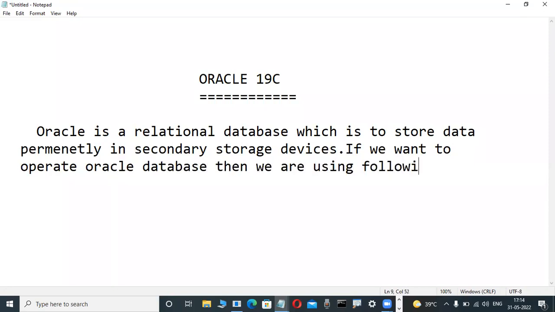These are the things I'm telling you. First one, SQL, within parentheses, write it, structured query language.